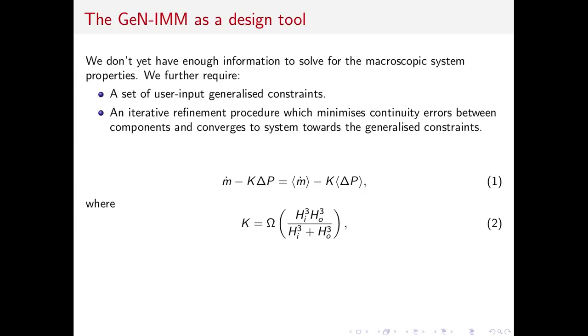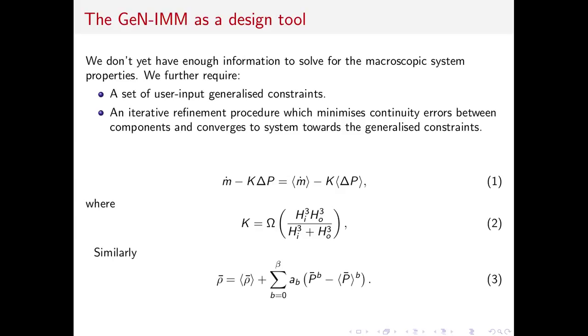One more thing to note is that the exact value of omega and of k aren't that important, and this is because firstly you can update the values with each iteration as you get better information about the system you're trying to model, and secondly they don't actually affect the final converged result of the GenIMM solution, they only affect the convergence rate.